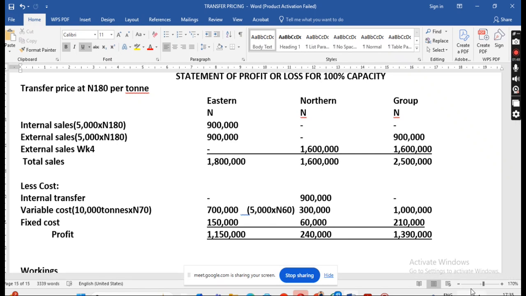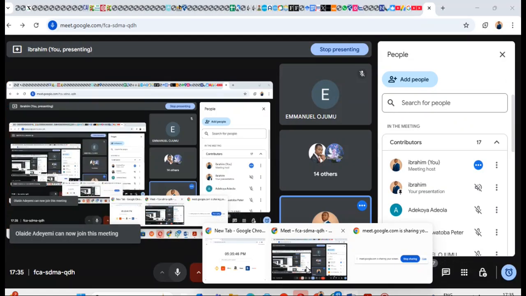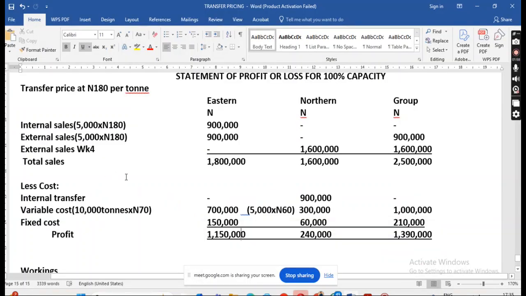Quickly, what do we have as profits? Eastern is 950.